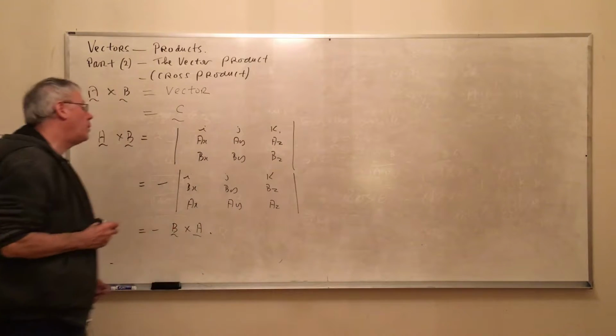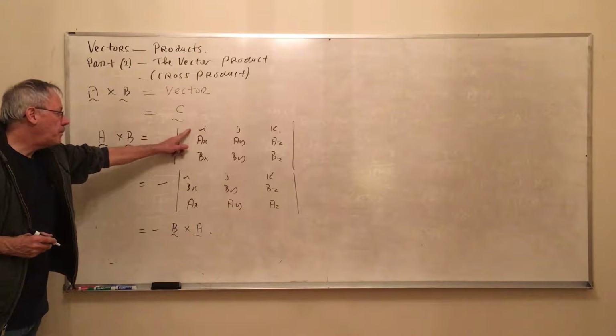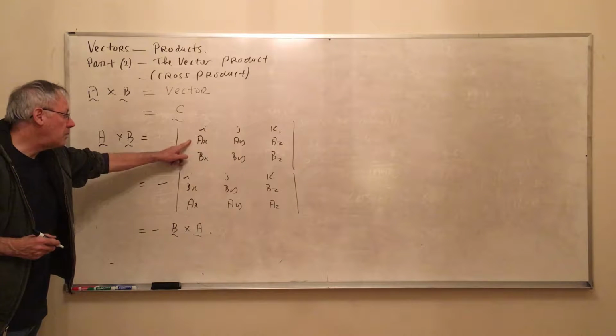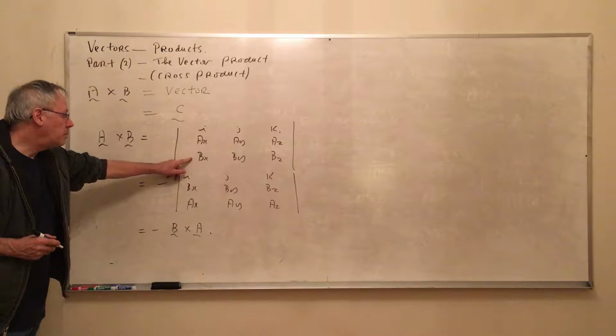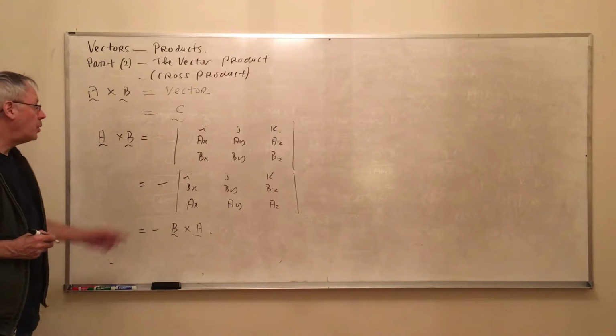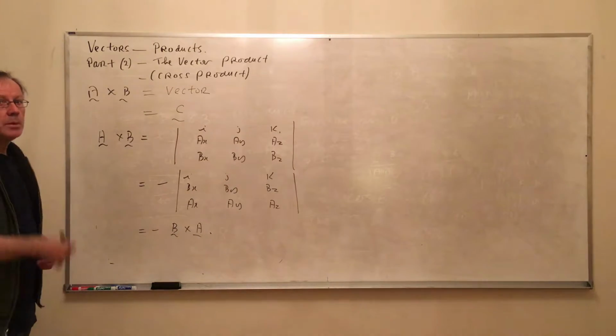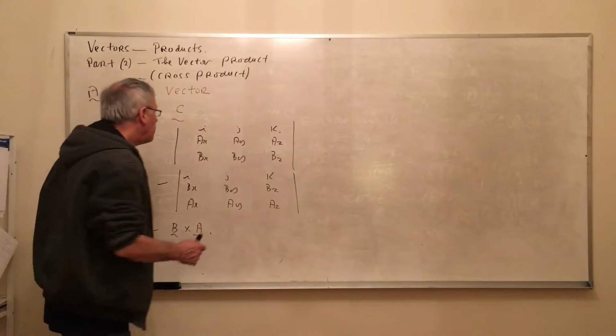We begin with this definition. Put the unit vectors on the top, and A goes in the second row, and B goes in the third row. Now, if we interchange 2 rows of a determinant, we change the sign of a determinant. You have to look up determinants a little bit for this, by the way.